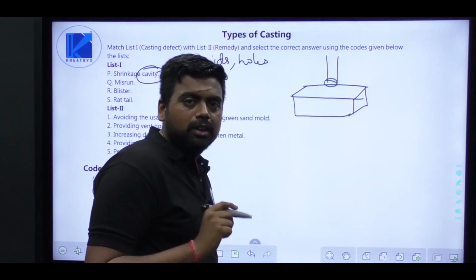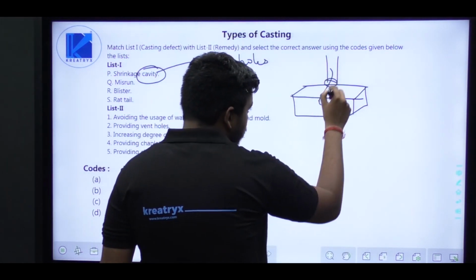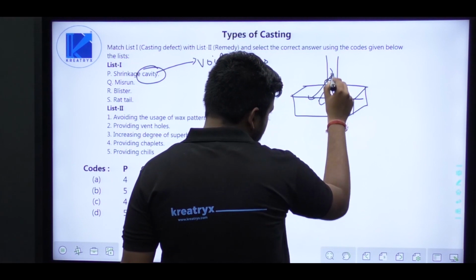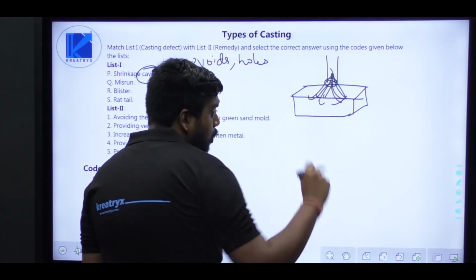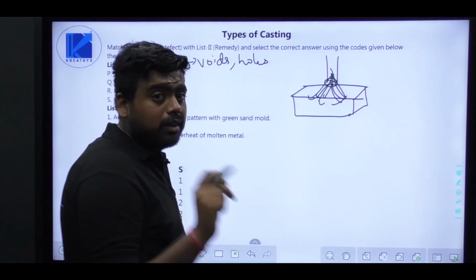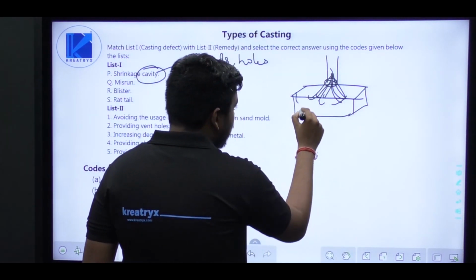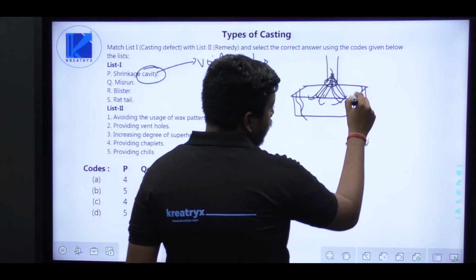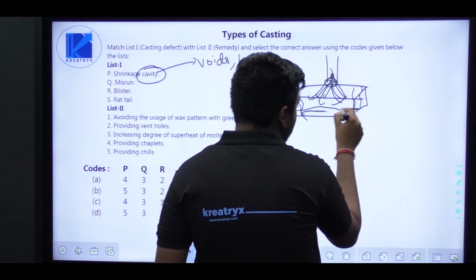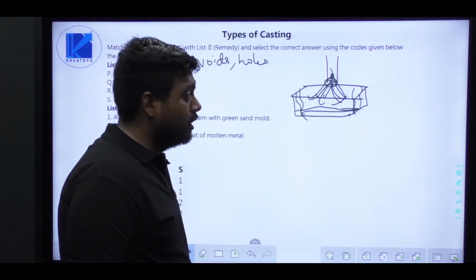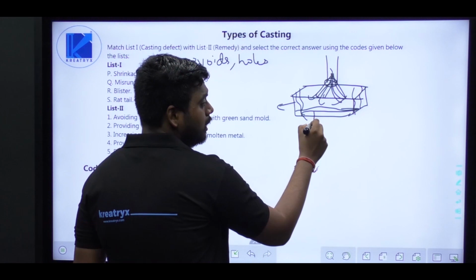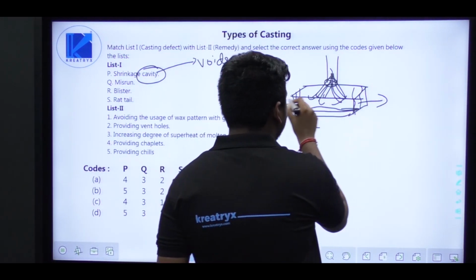So what happens when molten metal is poured through this riser? Due to improper placement of the riser, the metal which is in contact with the surfaces starts solidifying at a very fast rate due to the thermal gradient occurring at the surfaces.